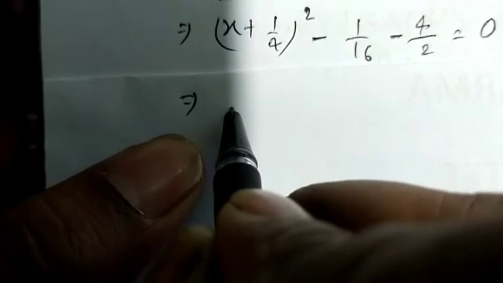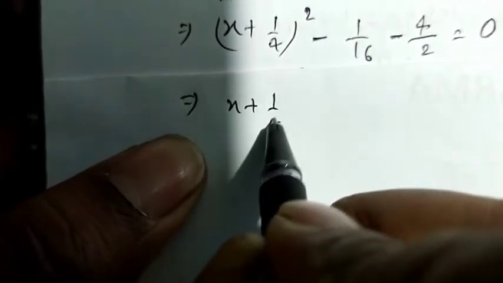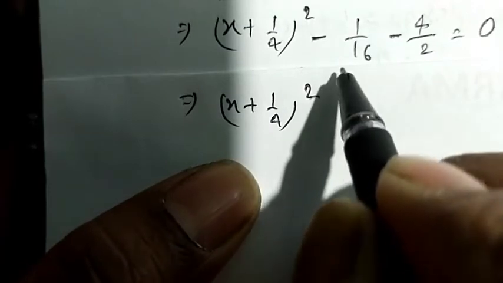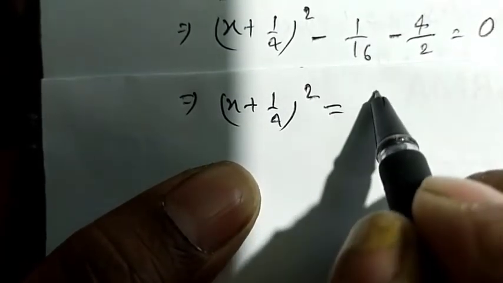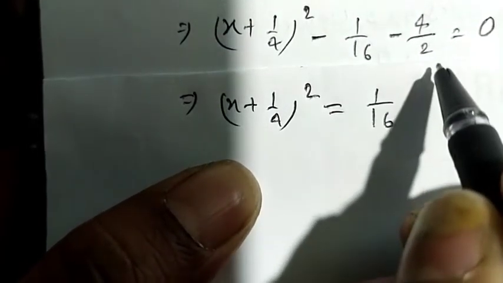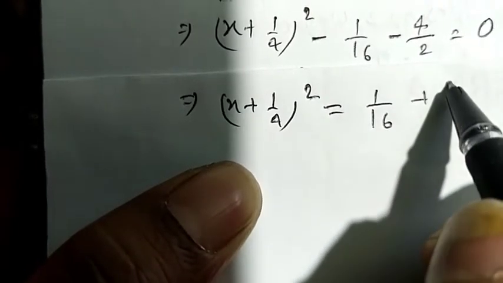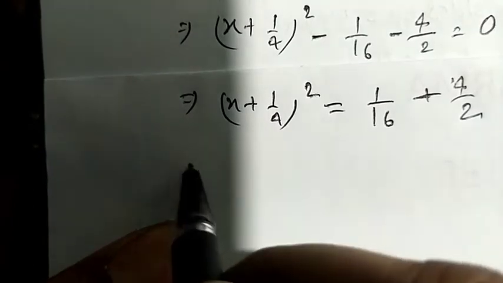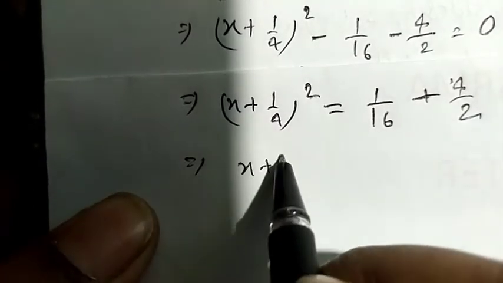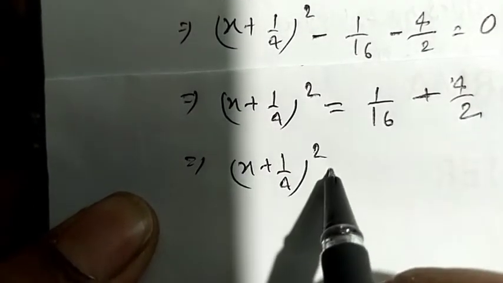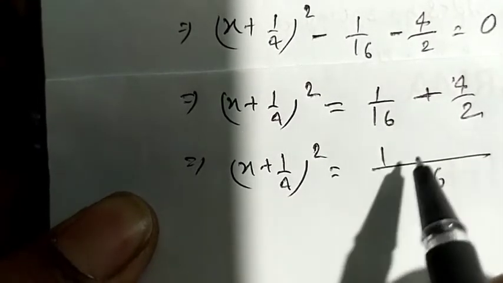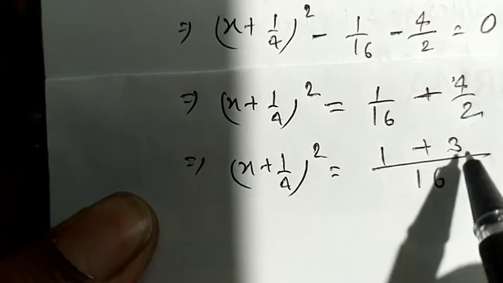Implies x plus 1 by 4 the whole square, minus 1 by 16 goes to the other side as plus 1 by 16, and minus 4 by 2 goes to the other side as plus 4 by 2. Implies x plus 1 by 4 the whole square is equal to, 16 is the LCM, so 1 plus 32.